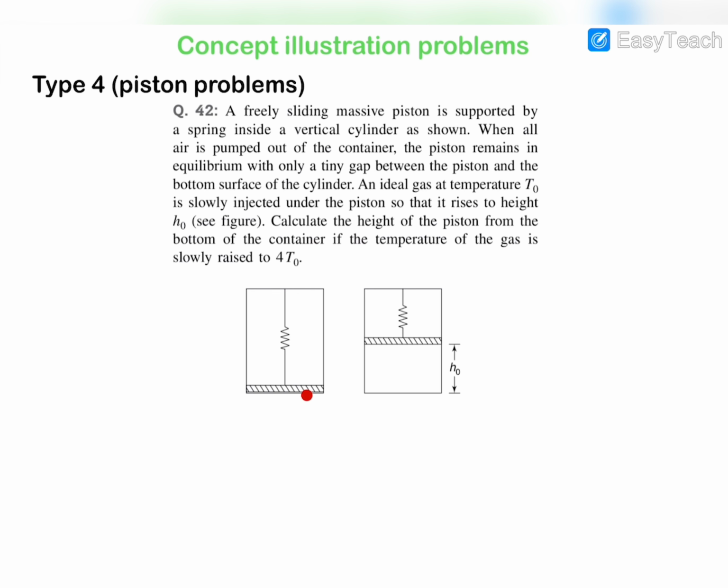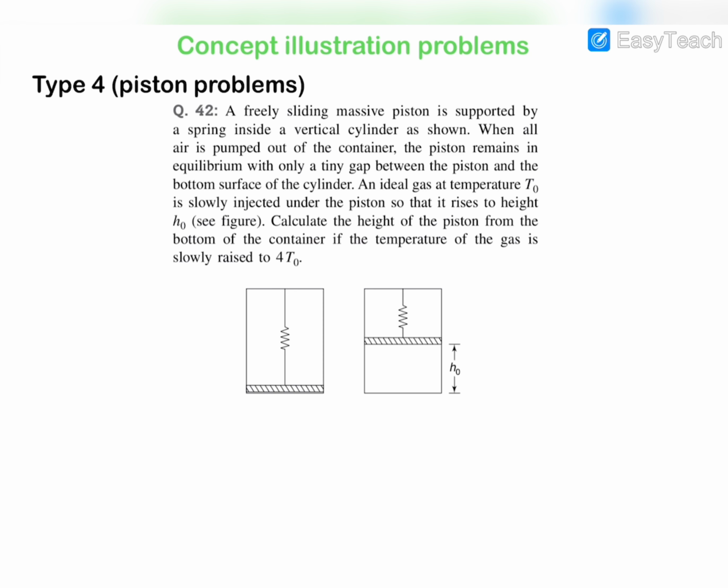When all the air is pumped out from the container, the piston remains in equilibrium with only a tiny gap between the piston and the bottom surface of the cylinder, which means that in this equilibrium position the piston is not exactly touching the bottom of the cylinder. There is a tiny air gap, which means that this spring force kx is balancing the mg of the piston.